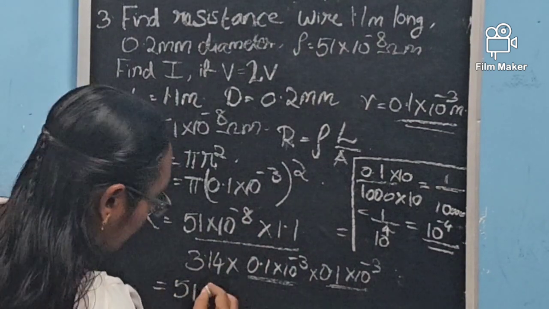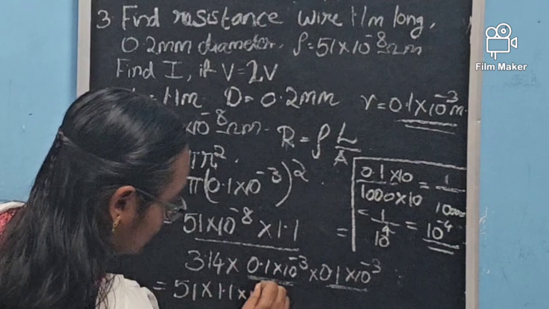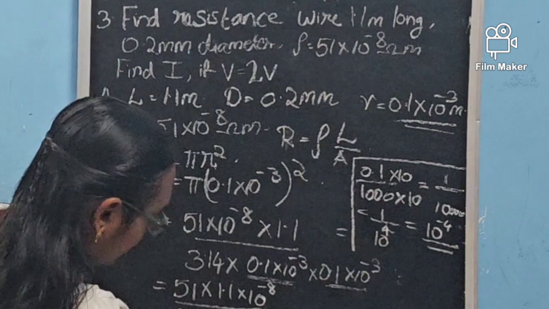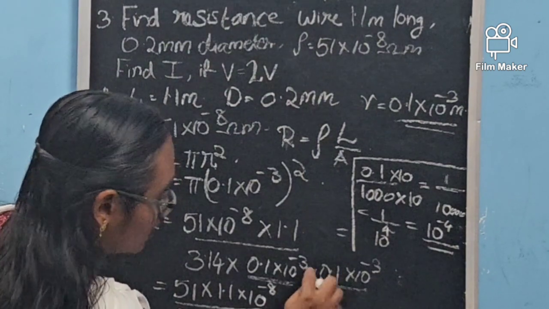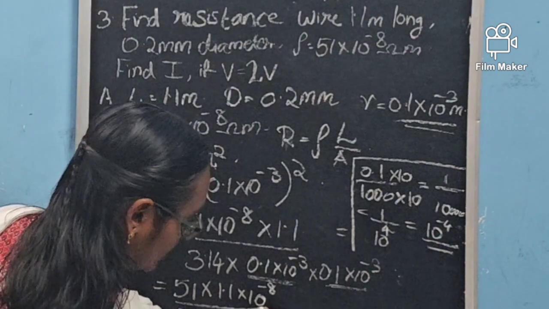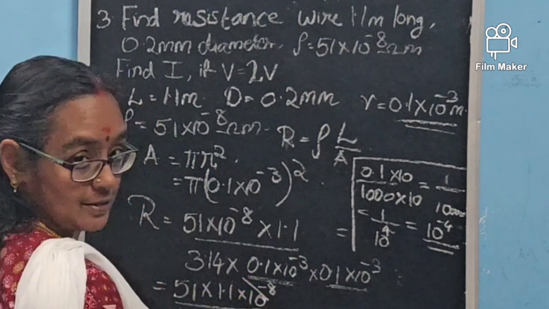51 into 1.1 into 10 raised to minus 8 divided by 3.14 into 10 raised to minus 4 and 10 raised to minus 4 again. So what will we get? 10 raised to minus 8, isn't it? So we can cancel these 10 raised to minus 8.